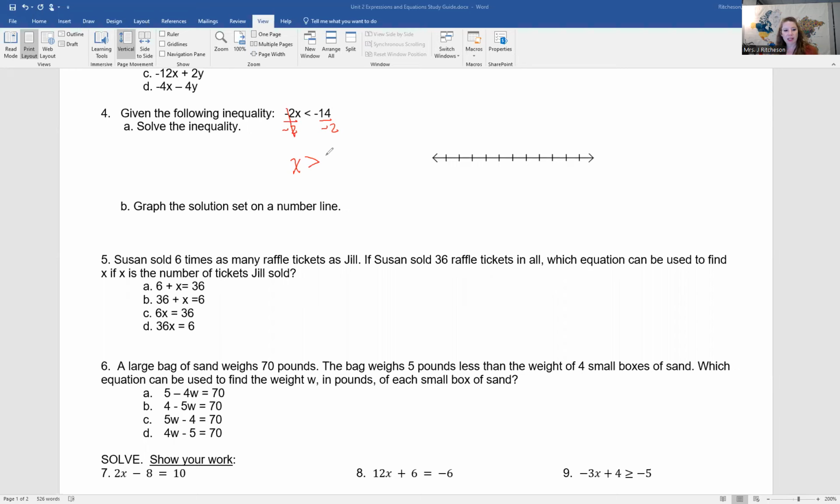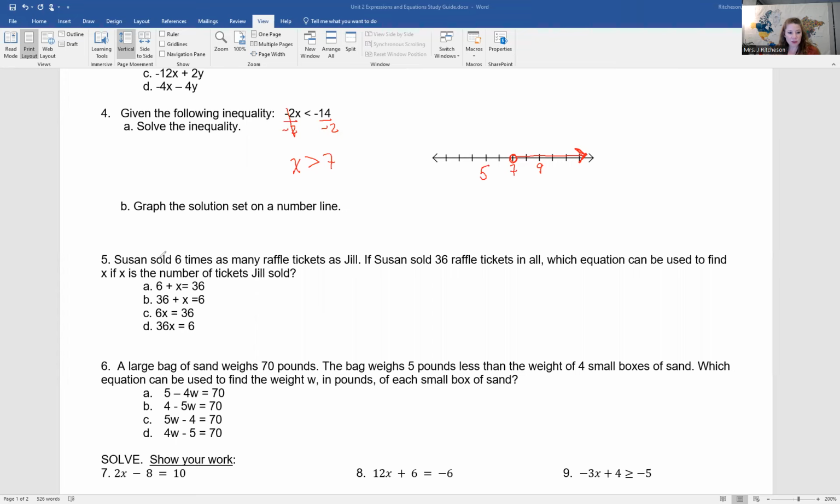Negative 14 divided by negative 2 is positive 7. So on our number line, we could put 7 anywhere on the line, really. We are going to keep an open circle because it doesn't say is greater than or equal to. And since our variable's on the left side of the inequality sign, our inequality sign looks like our arrow.